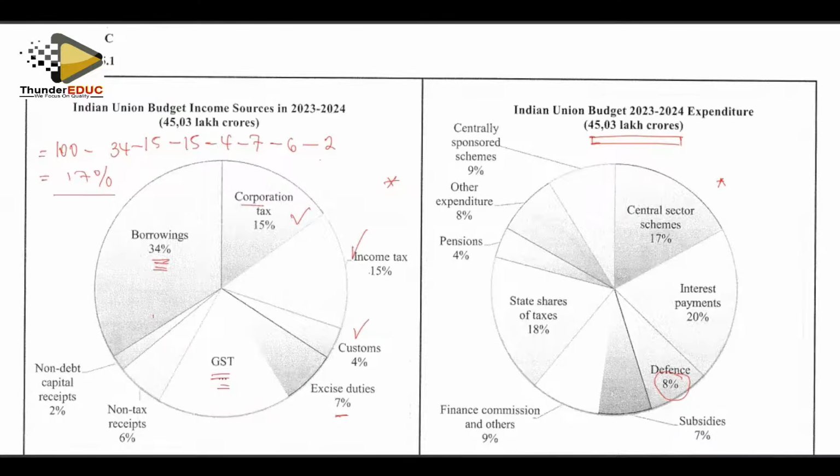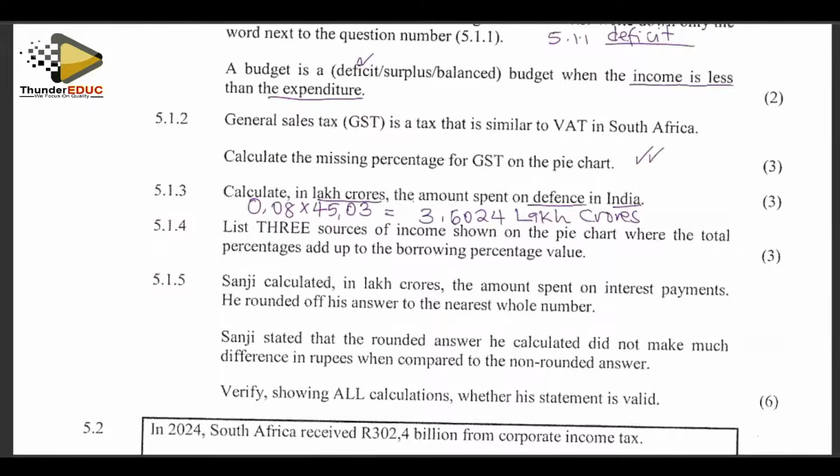So you are supposed to write these items down. Let's write those items down, which is corporation, corporation. Then we have income tax. And lastly, customs.